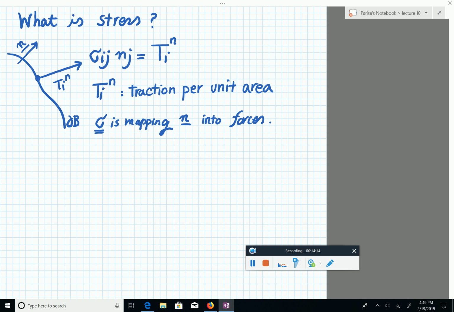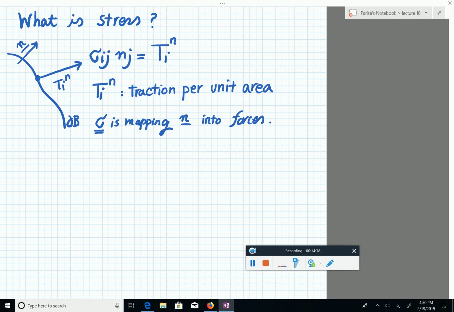So, we learned that a stress is not force per unit area. And what is important here, besides joking about it, is that when we define boundary conditions, the boundary conditions are not in terms of a stress, they are in terms of traction. So we don't have stress boundary conditions, we have traction boundary conditions.